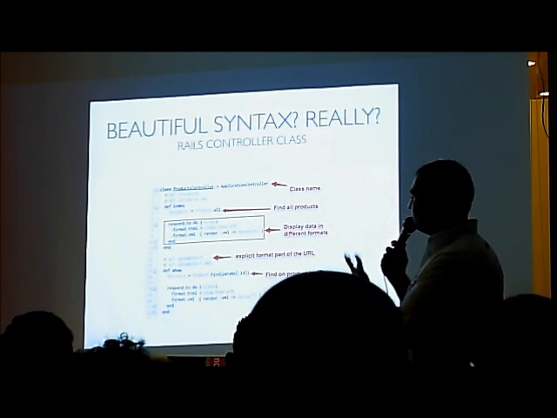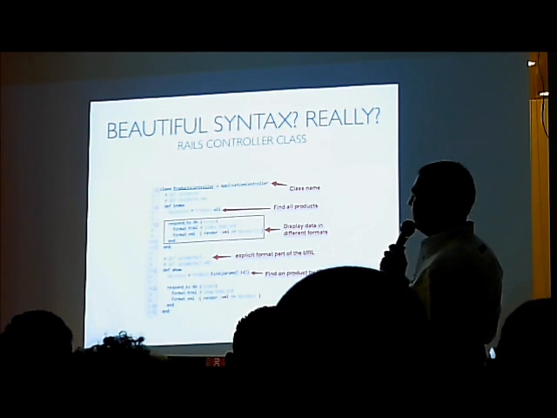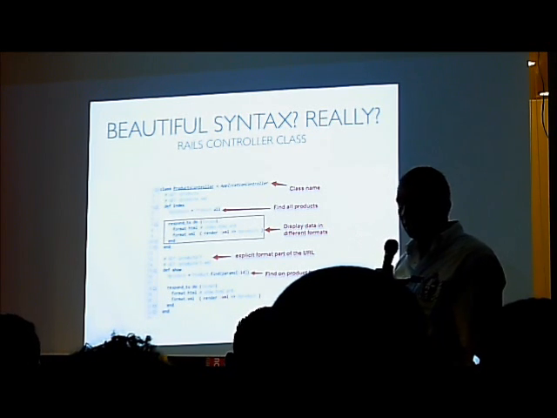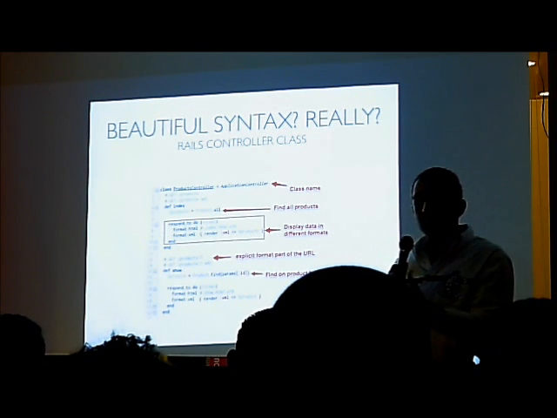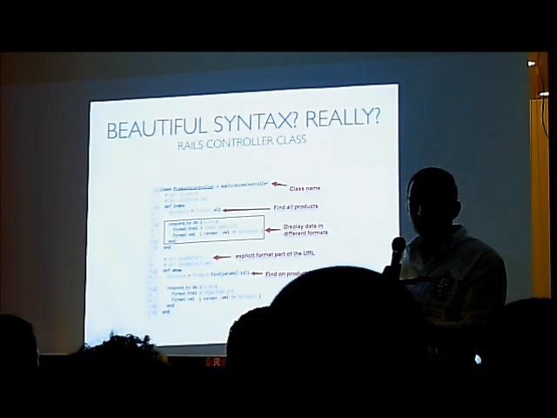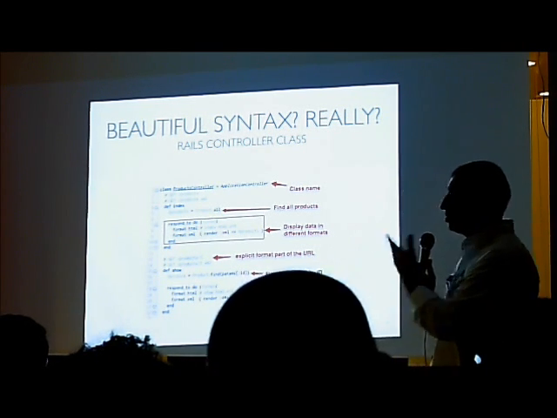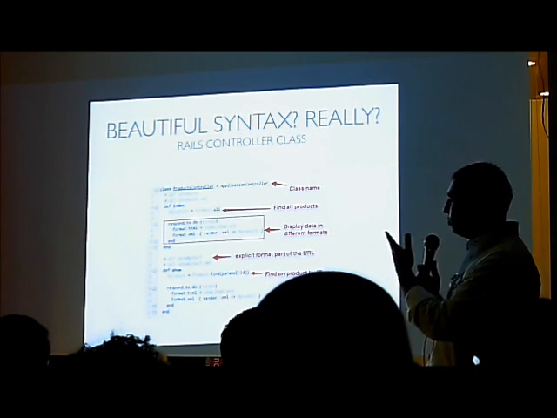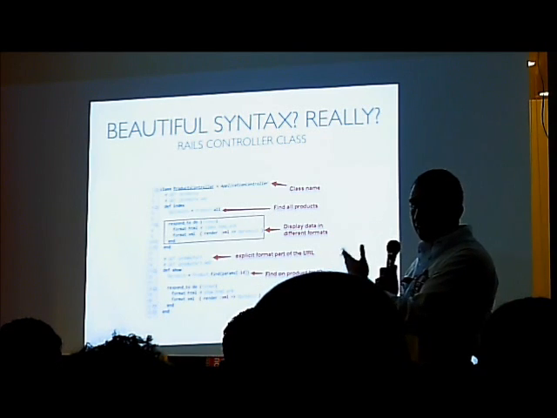And inside it, you see the fifth line is Product.all. This is what Rails does for you. It abstracts everything with simple syntax. For example, this returns all the products in the table and assigns it to an instance variable called @products.